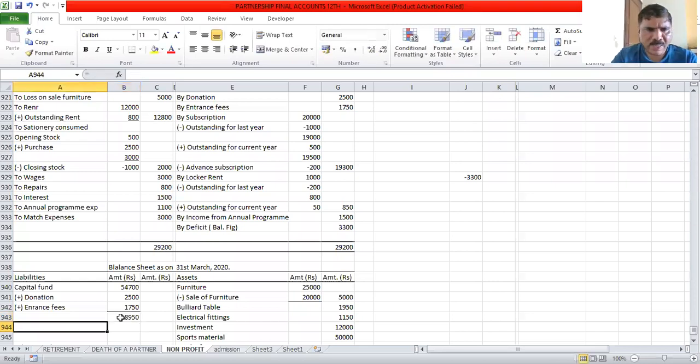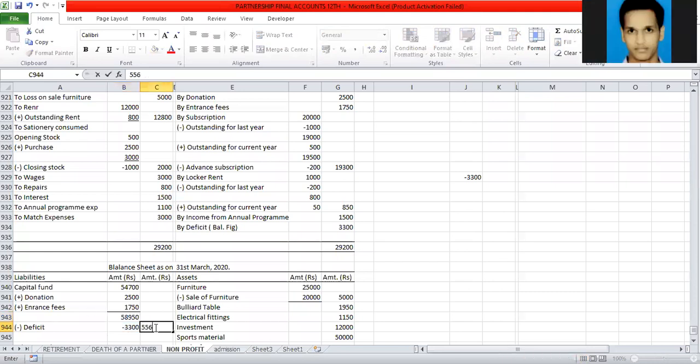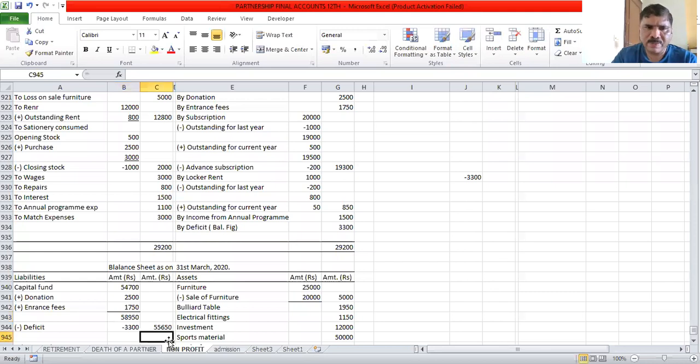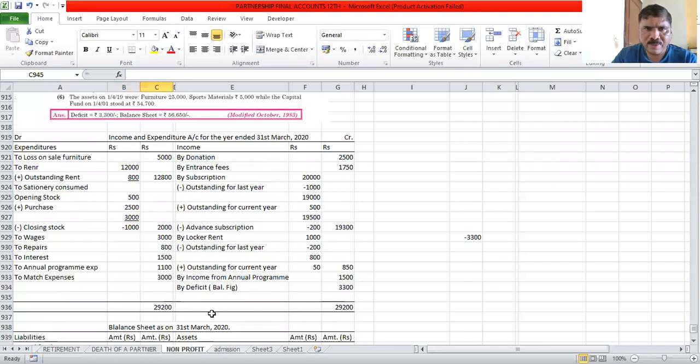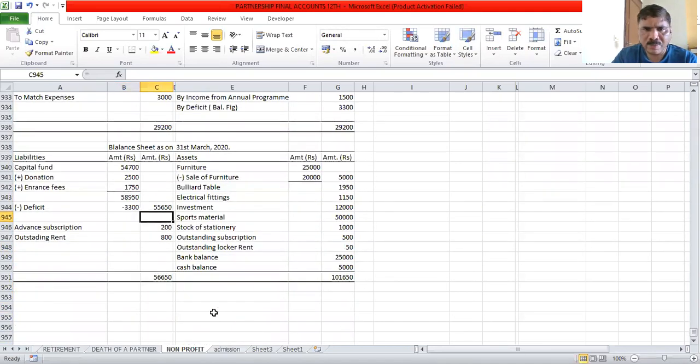Okay, less deficit, that is minus 3,300. Take it into the outer column. 55,650. Okay, fine. So now make the total of both sides.